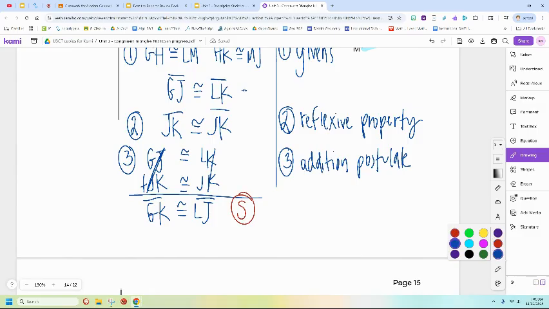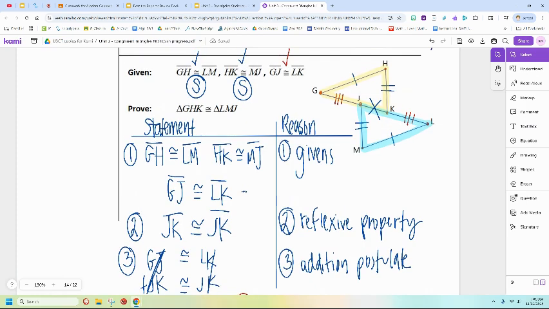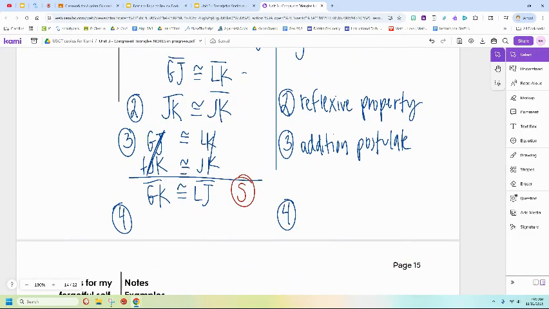And so to finish this proof off, just go back up to the picture. Do we now have side, side, side? Yes, we do. There's no angles involved in this proof.